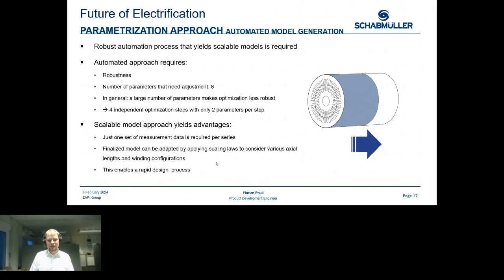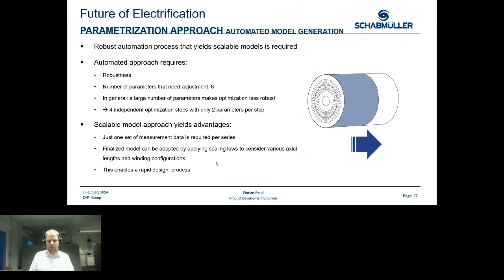To overcome this, or to make it more robust, we have identified 4 parameter pairs, which can be adapted stepwise, and will only have a negligible influence on the parameterization step we did before.